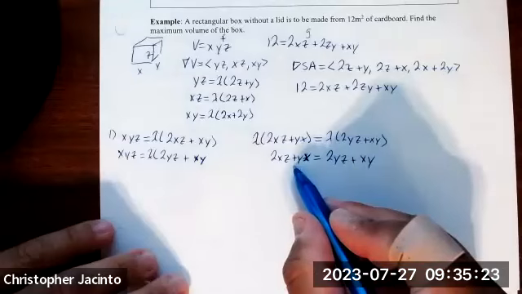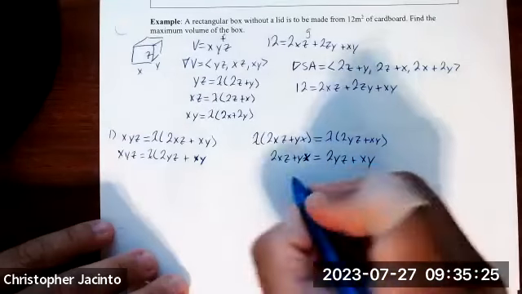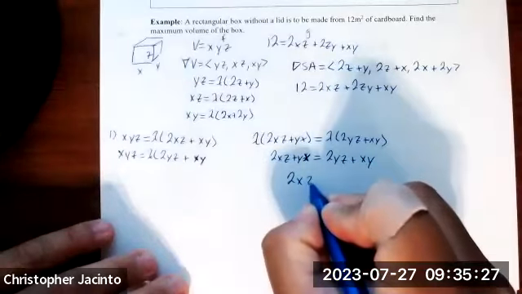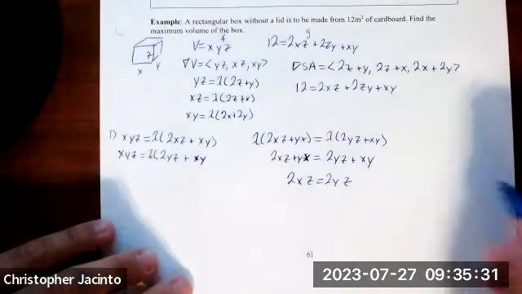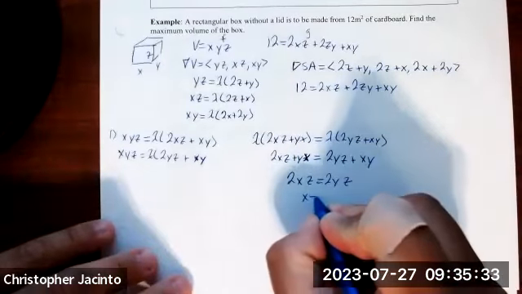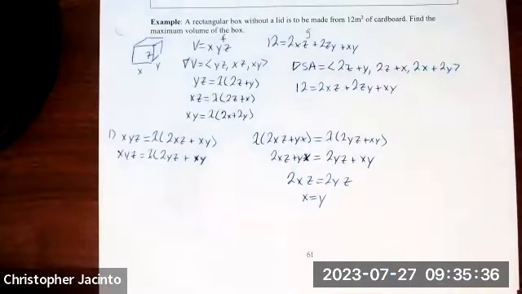If I subtract this over to this, those go away. Ooh, this is kind of looking nice now. Divide out the z's, and there we go. We get x equals y.